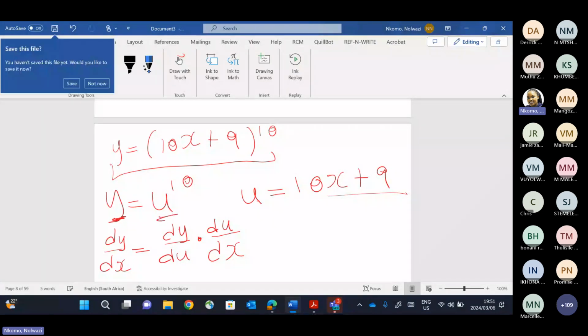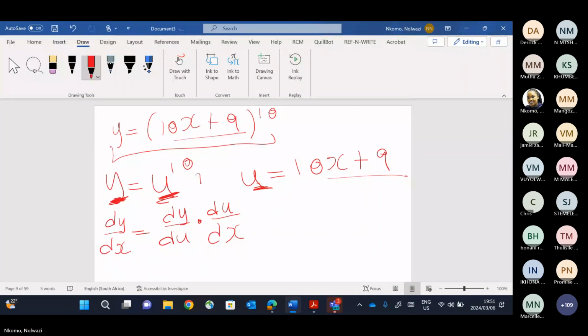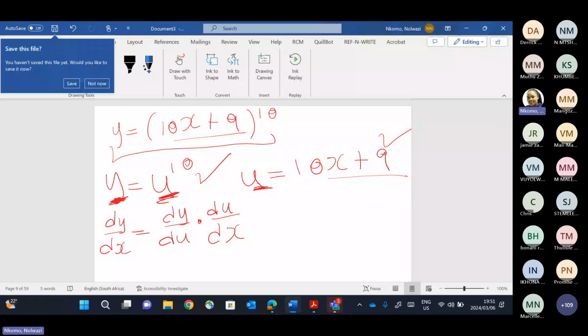It's no longer a function of x because we introduced a new variable, which is u. We need to find the derivative of y, and we need to find the derivative of u. Now we can use our rules here to find the derivative.